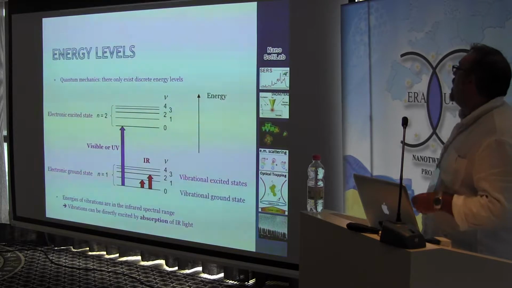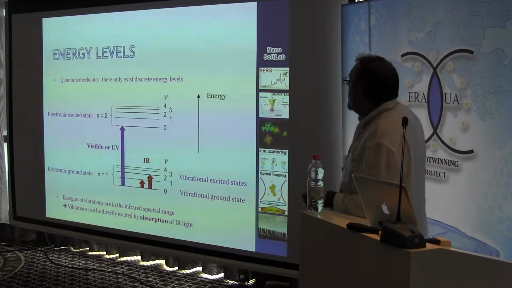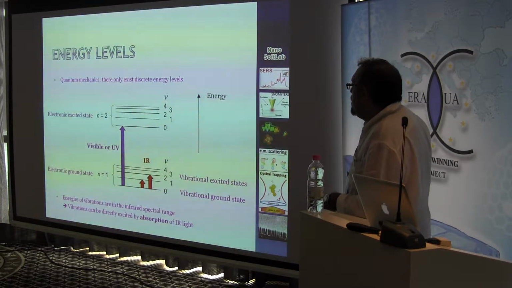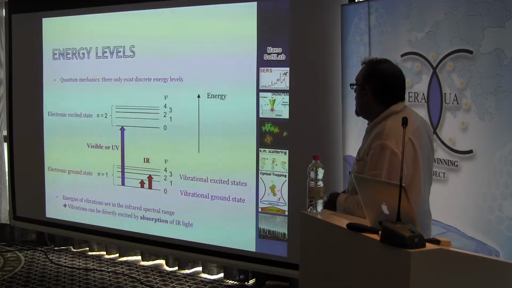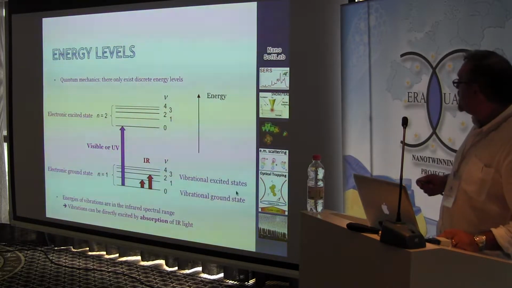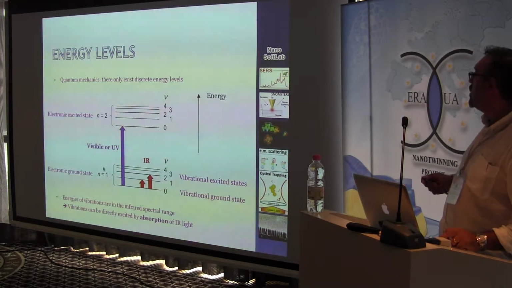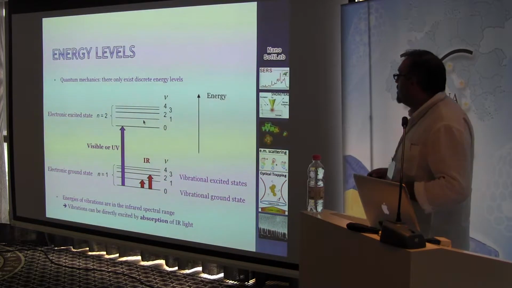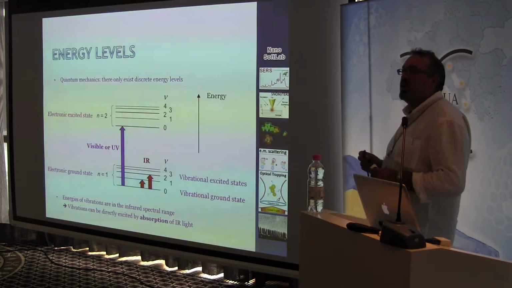So, energy levels. This is a typical Jablonski diagram of a molecule in which you have two electronic levels, n equal to 1 and n equal to 2. The separation between these two big energy levels is in the visible or UV or very near infrared.